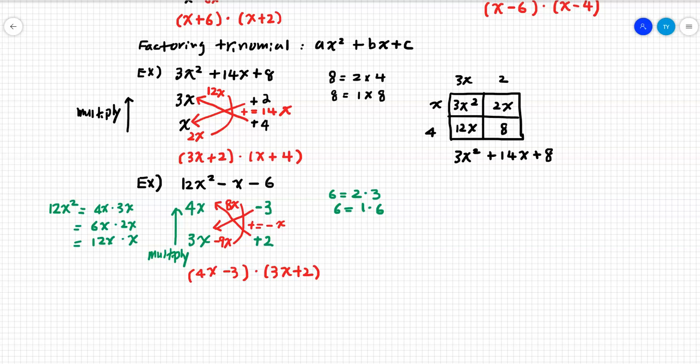What I'm saying here is that you always want to try the closest one first. If there's a combination of two numbers that are close to one another, I'll probably try that one first. And the numbers that are further apart, like 1 and 6, or 12 and 6 in this case, I'm probably not going to try until the end. I'm always going to try the two numbers or two variables that are close to one another first.